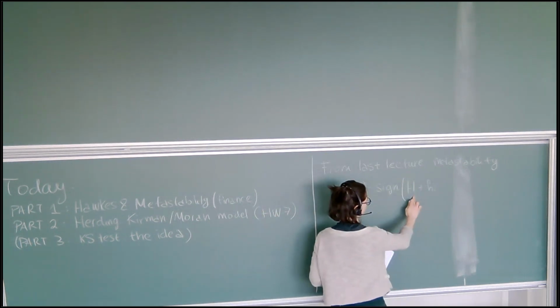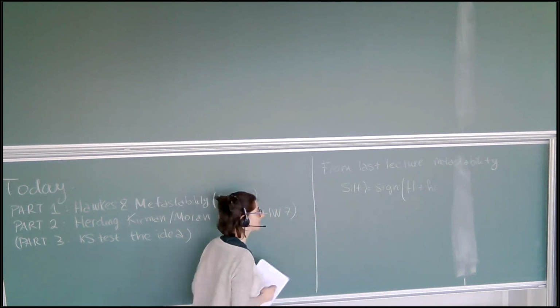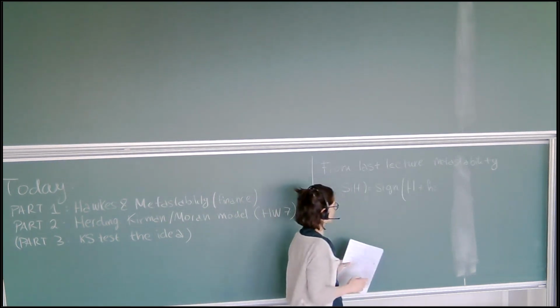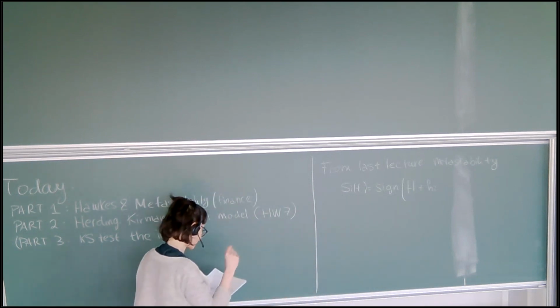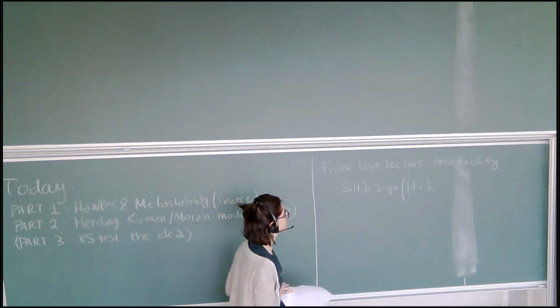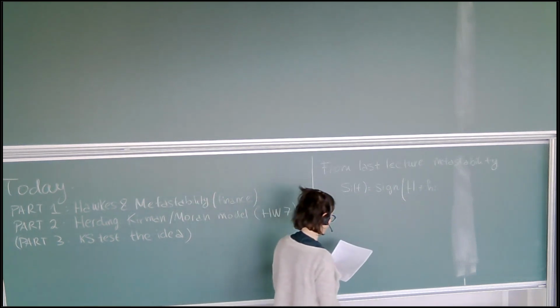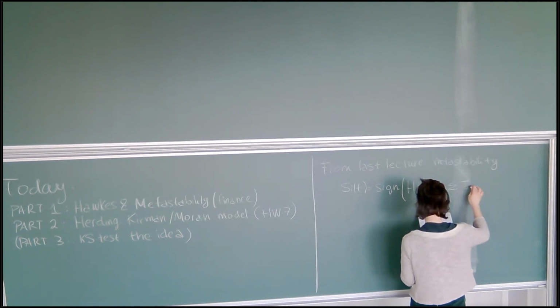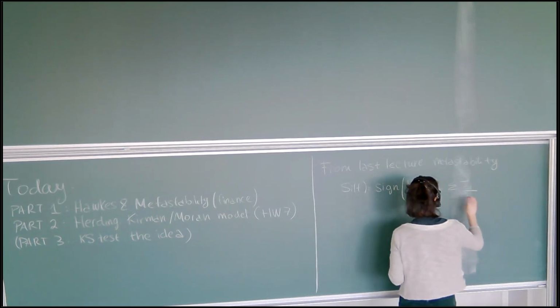So this was the sign of some external field, which I think was called capital H. Then there was some term which was specific and typically randomly distributed and specific for agent i. And then you had an interaction term that I write already in the mean field expression.